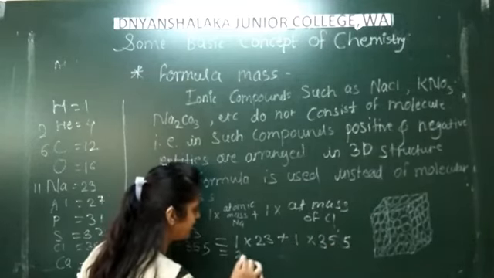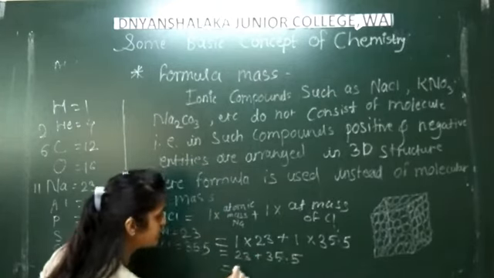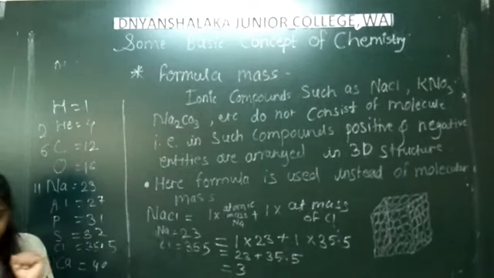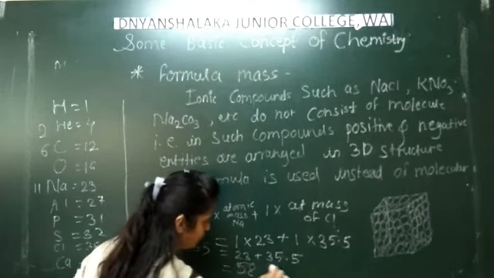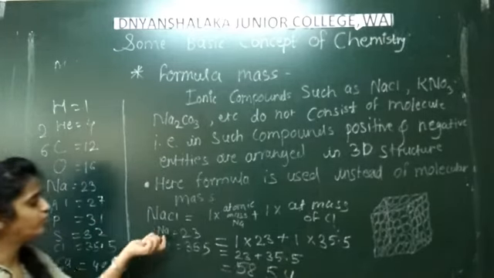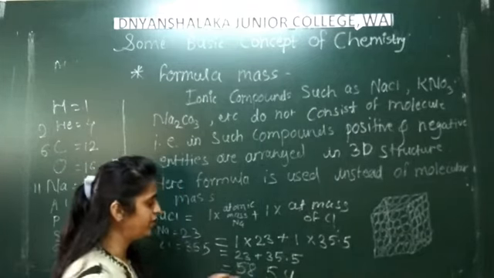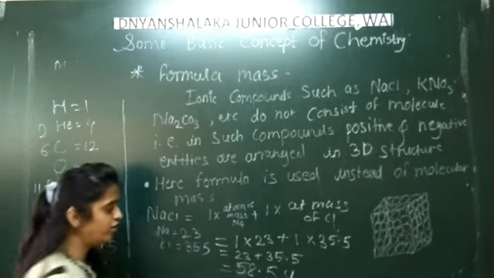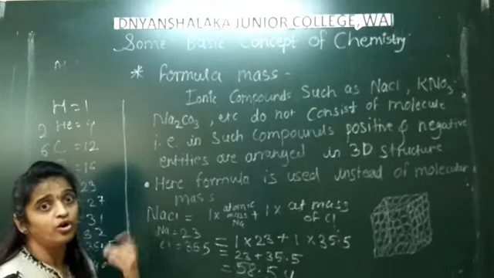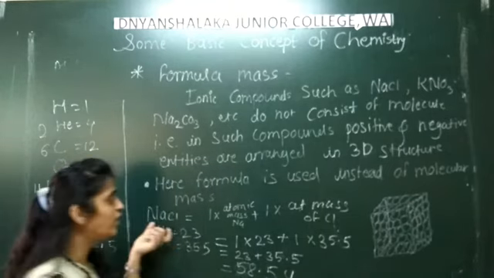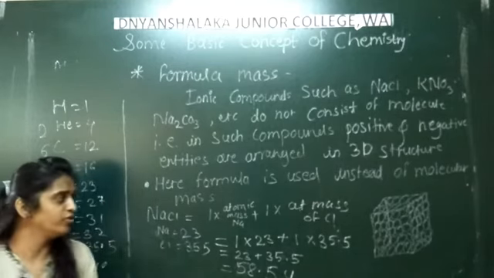So 23 ones are 23 plus 35.5. So we get the answer 58.5 u, adding 23 plus 35.5. The unit u can be replaced by gram. So the formula mass of sodium chloride is 58.5 u, meaning unified mass.